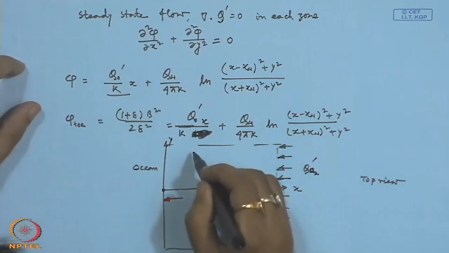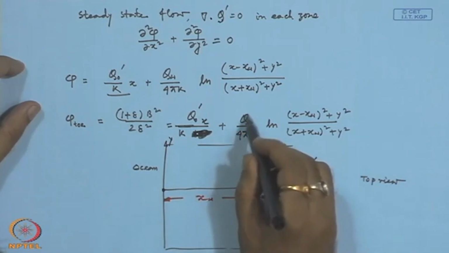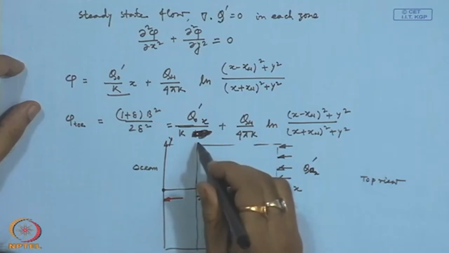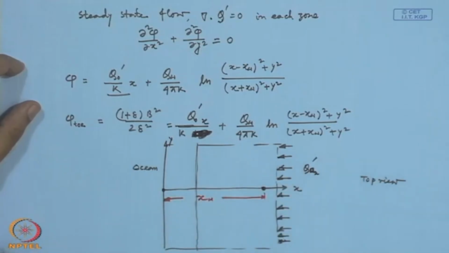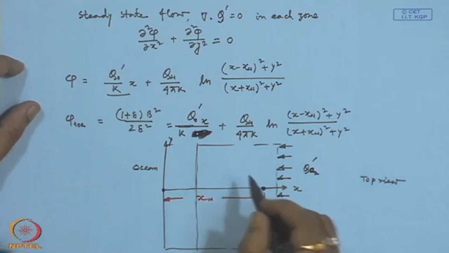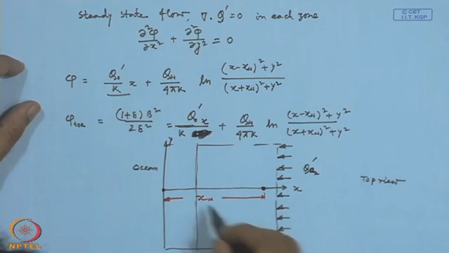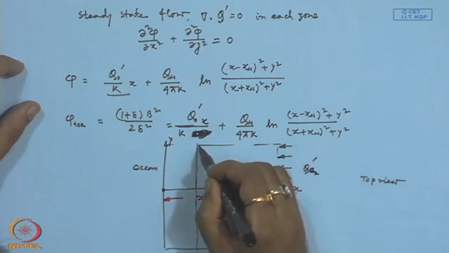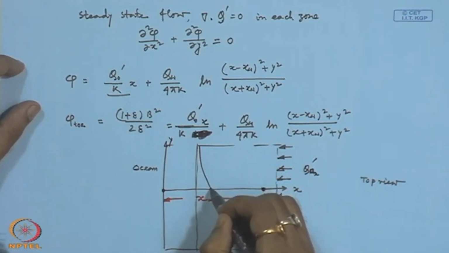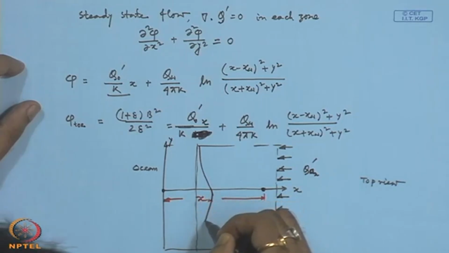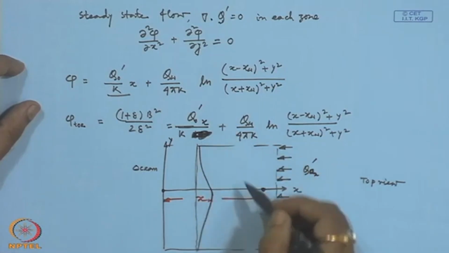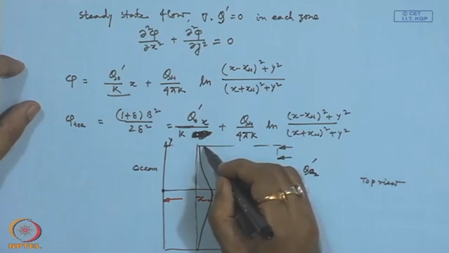Initially, if we have Q_w equal to 0, the location may be like this. However, if we have higher pumping values, the location of the interface will change, and that will be symmetric with this x axis.